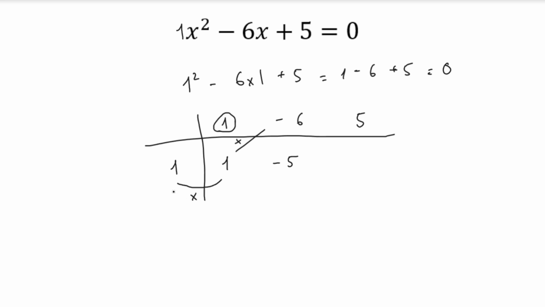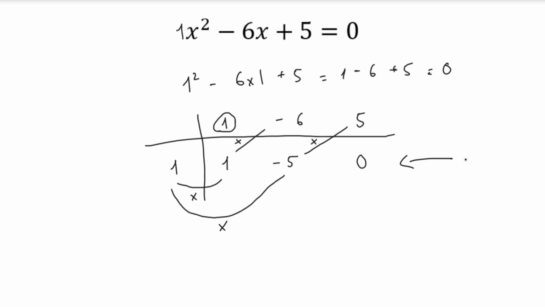The next one, I multiply 1 and -5, and add 5. So 1 multiply -5 is -5, and plus 5 is 0. A beautiful number is 0.